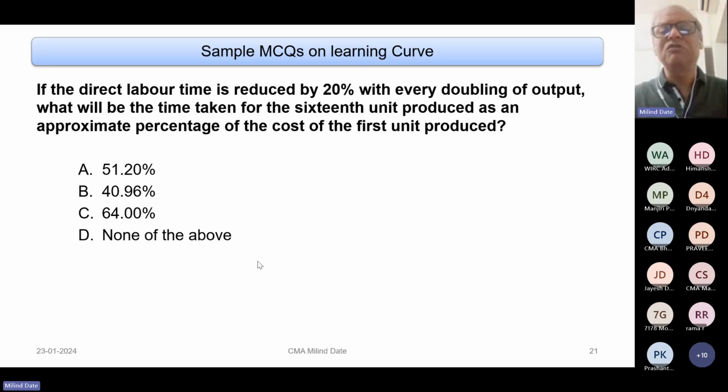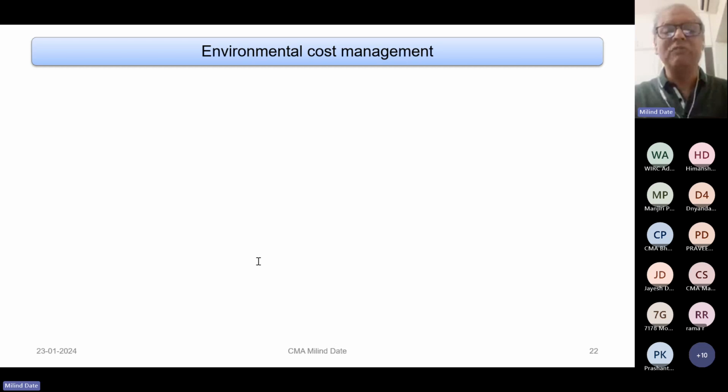Now, let me take you through environmental cost management. With the focus of the modern world on ESG, environmental, social, and governance, I think environmental cost and sustainability related efforts that organizations are taking assume a lot of importance in the modern day.